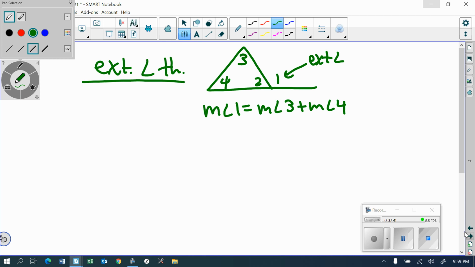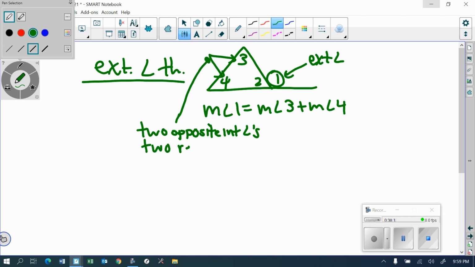Angles 3 and 4, in relation to angle 1, have two possible wordings. I don't have room to write it there, so I'm going to write it down here. They can be the two opposite interior angles or two remote interior angles.